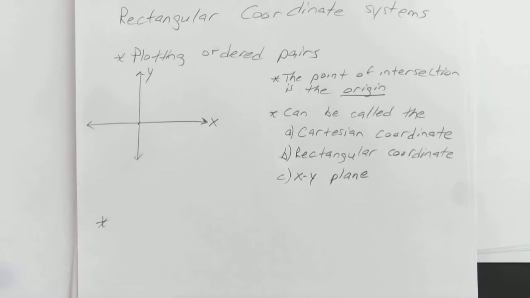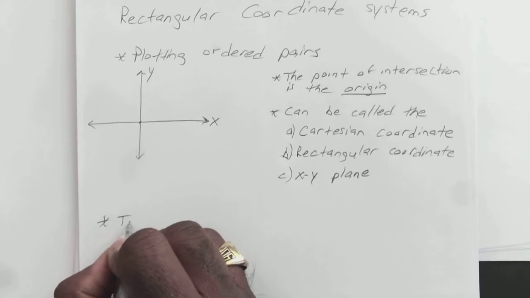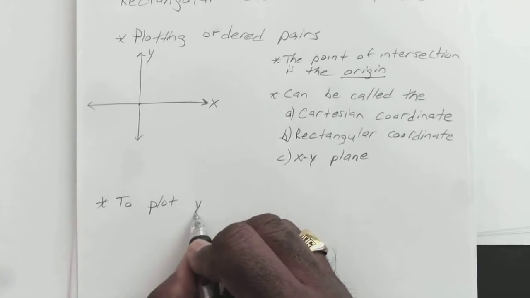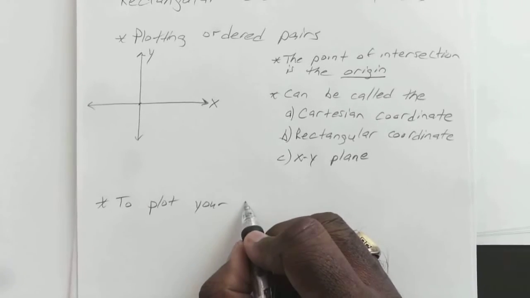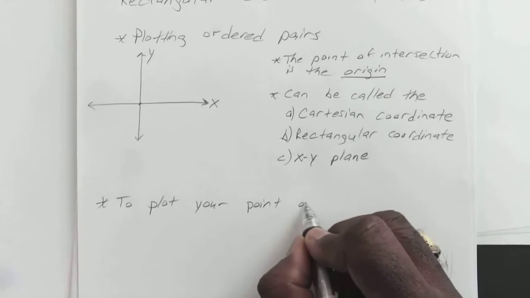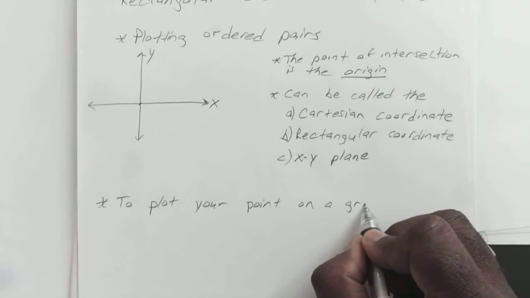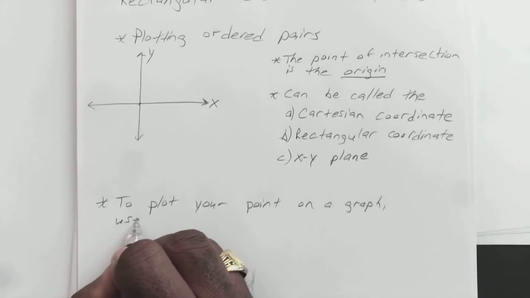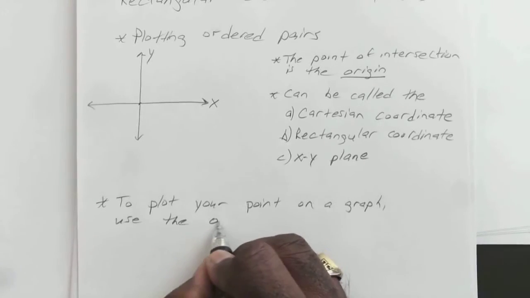Okay. Now if you want to just plot a coordinate, your first component is always going to be your x value, and your second component is going to be your y value. So to plot your point on a graph, use the ordered pair.